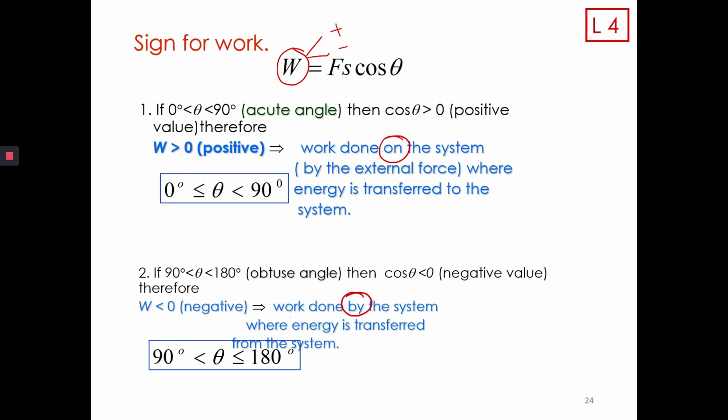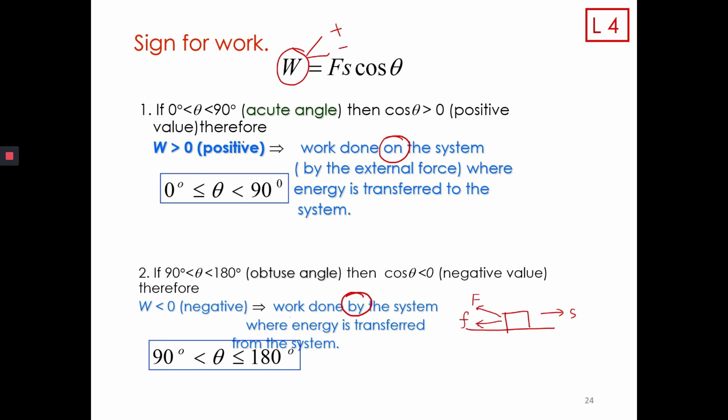Negative work is done when your angle is 90 to 180. For example, this is your displacement and your friction, so 180. Or you have one force in this direction. Work done by the system, where your angle is between 90 to 180.